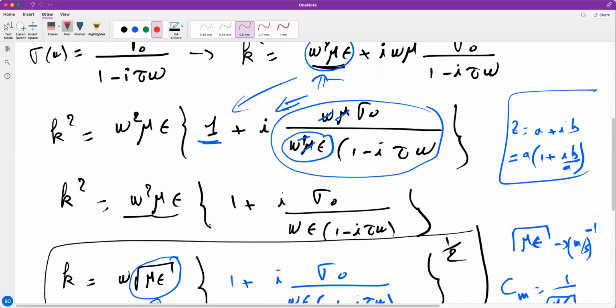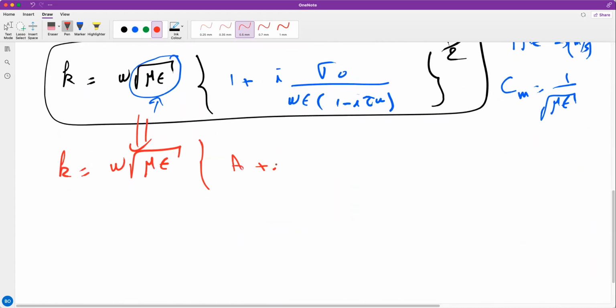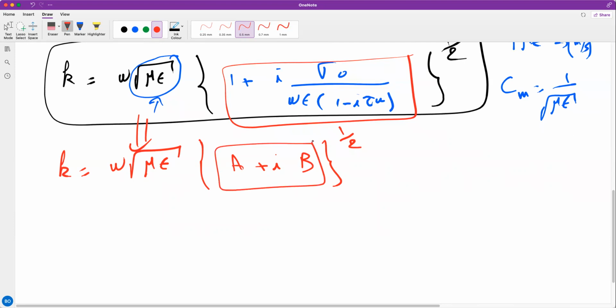that can be written as (A plus iB) to the power 1/2. Now, what do I have to do? I need to take this and write it as A plus iB.